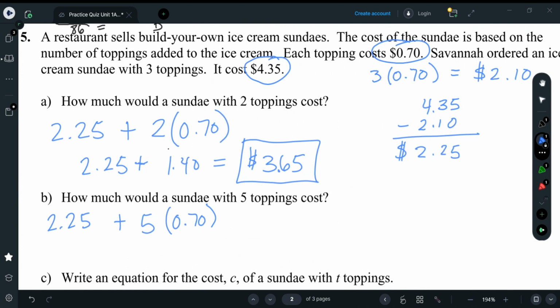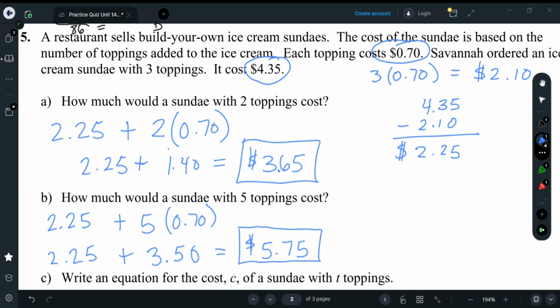Okay, 5 times 7 is 35. That means those 5 toppings are going to cost $3.50. Add that with the price for the ice cream. And what do we get here? $5.75. This one, the toppings cost more than the ice cream because they got 5.